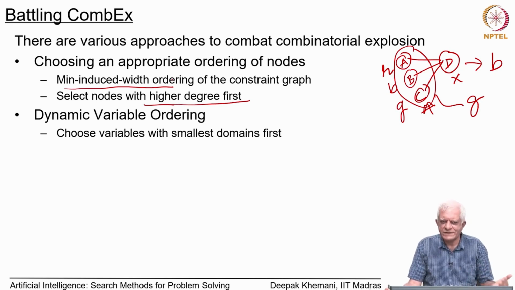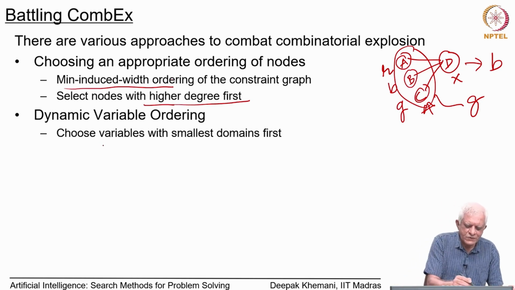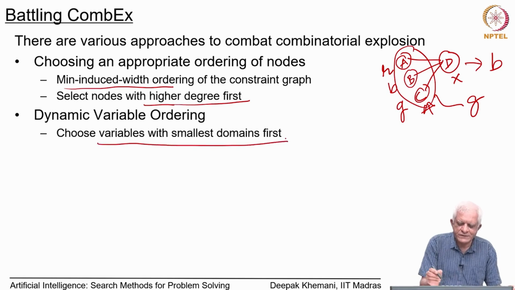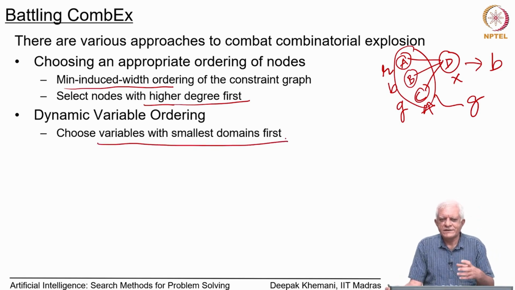So, this other heuristic is that you choose variables with the smallest domains first, so that they are not constrained by other nodes which have larger options available, but they constrain the other nodes. They are already constrained because the number of values is small, and then of course, the other nodes will have more options, and so hopefully you will find a solution without backtracking. So, that is called dynamic variable ordering.